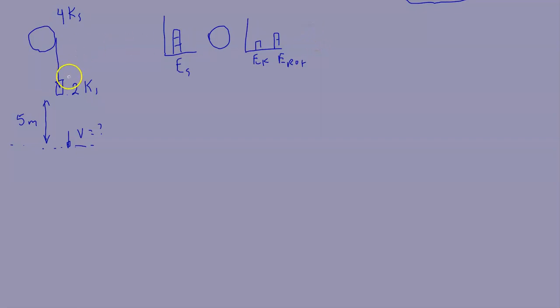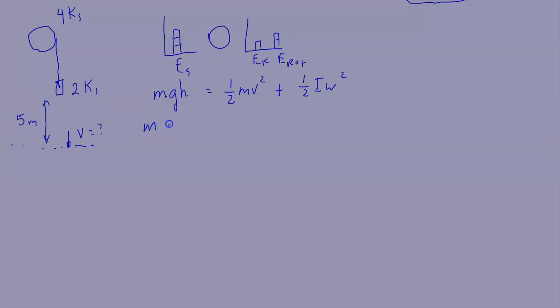So we're going to assume this is a point mass, so that we don't have to worry about the height of this object. So this thing starts off having potential. When it hits the ground, it's going to have some kinetic. And then this pulley will also be spinning, which will be 1/2 I omega squared.